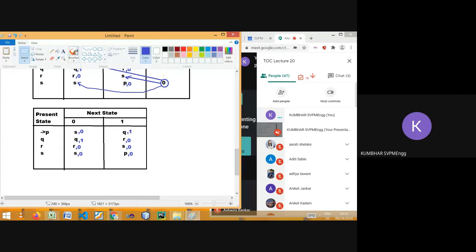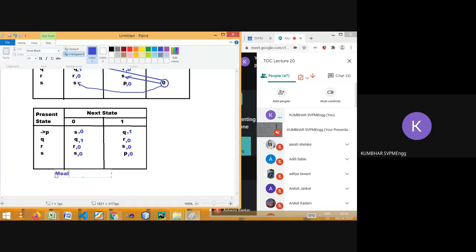So let me write here, this is the Mealy machine. Now step 2 is, do you remember what step 2 I told you? We have to minimize the Mealy machine.